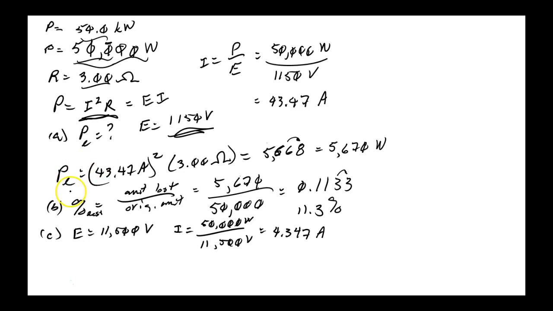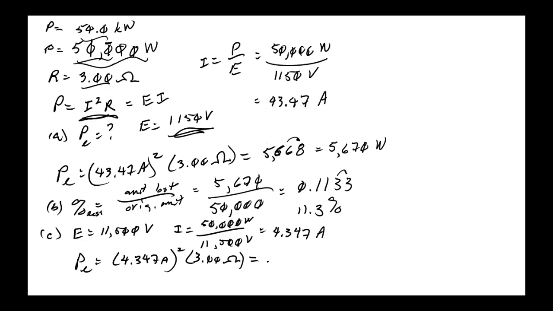Now we're going to calculate the power loss, PL, just like we did before. It's I squared, which is 4.347 amps, or whatever you have in your calculator, squared, times, again, your 3.00 ohms. Not going to be a very big number, is it?